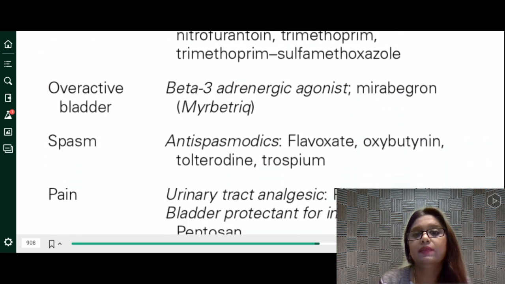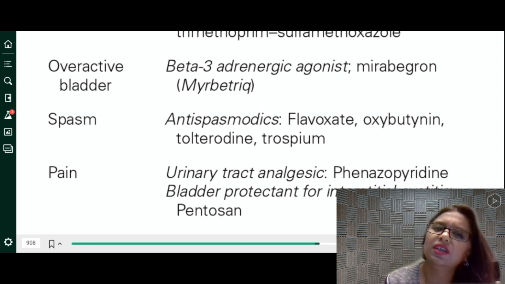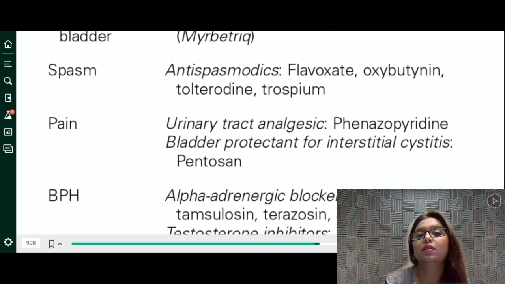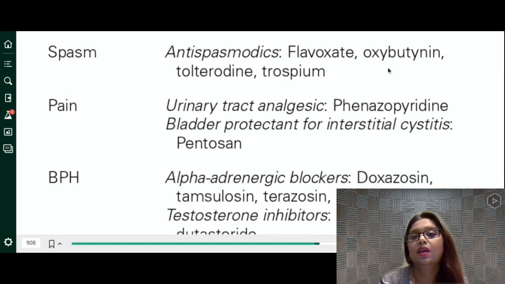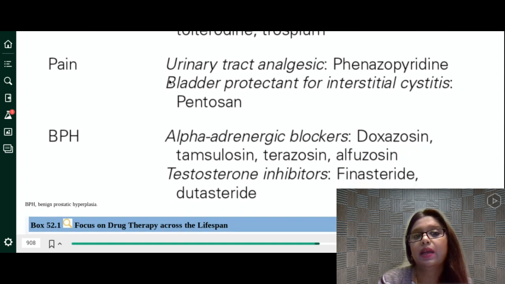Now, because of the infection, there are spasms in the belly. Like when a person has an infection, they're like, oh, I have pain in my abdomen. Why? Because it causes spasm. And for reducing the amount of urinary tract spasms, we give them a medication called oxybutynin. Oxybutynin, all right? Pain medication, some pain medication is phenazopyridine.